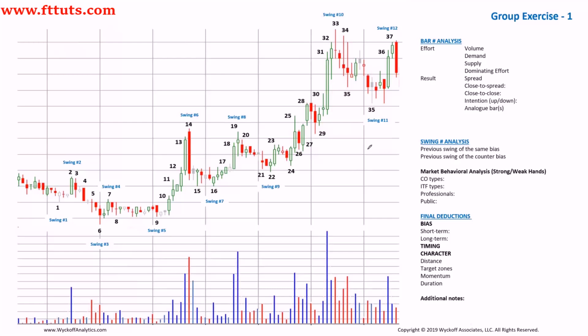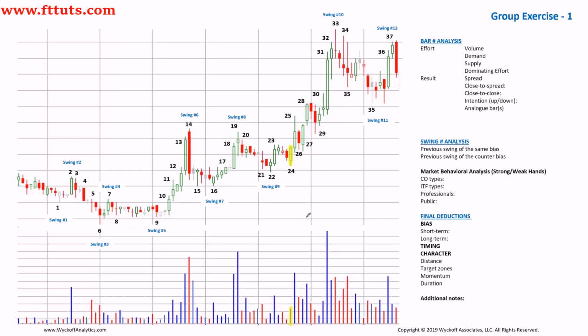Okay, well, Ronnie, let's talk about that emergence of the supply at the resistance. So let's talk about first bar number 24, because this is where the story starts for that supply. So 24 is a very interesting bar because it's not necessarily a very attention-calling bar, right?